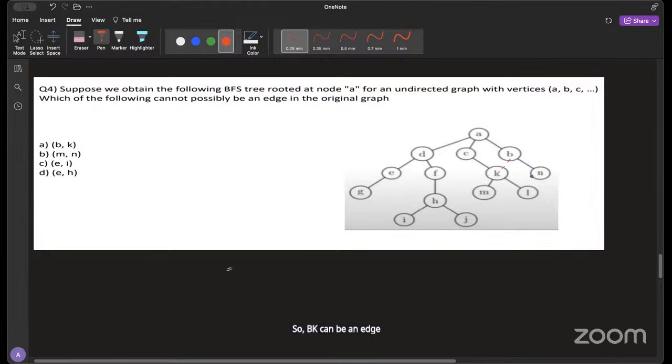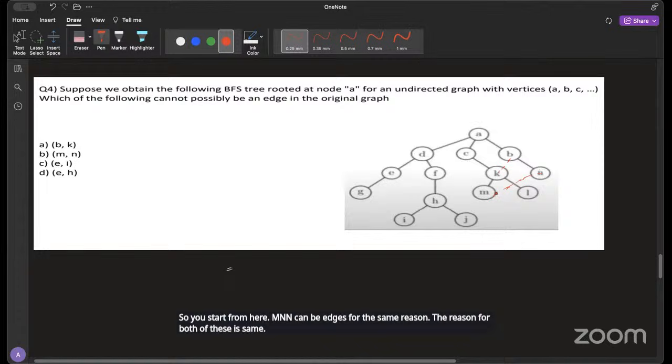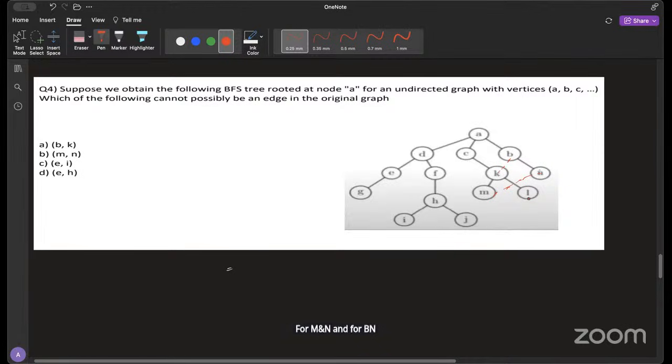Then coming to M and N, M and N can be edges for the same reason. The reason for M and N and for B and K is the same. Because you start with C and get done with C, anything that has come under C, even if it's adjacent to B and something else after it too, it doesn't matter.